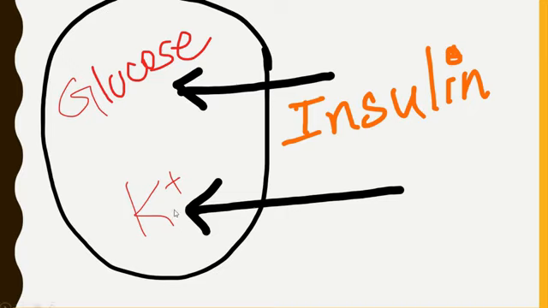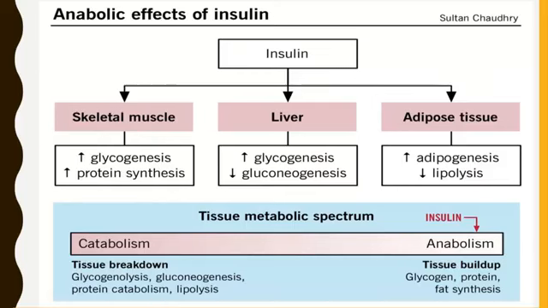Okay, now let us look at the basic functions of insulin in our body. So this is the anabolic effect of insulin. You need to have a good idea about this. Insulin acts on multiple systems, as you can see.